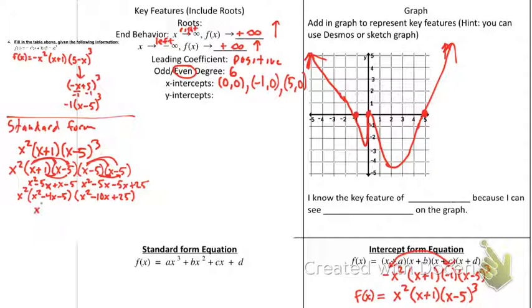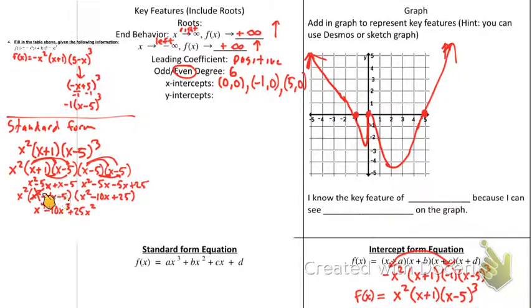We add those exponents. x squared times negative 10x is negative 10x to the third. x squared times 25 is positive 25x squared. Okay, we are done with him.